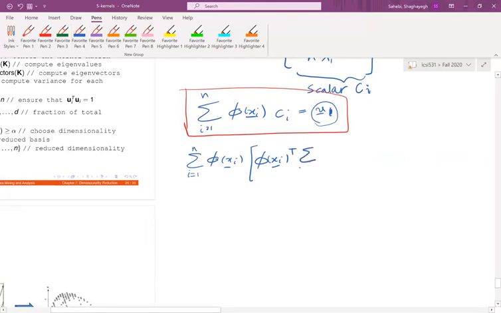I don't want to mix i and j, so I will use j here: j equals 1 to n, phi of xj cj. And that's equal to n lambda 1 u1. I just moved 1 over n from here to there.